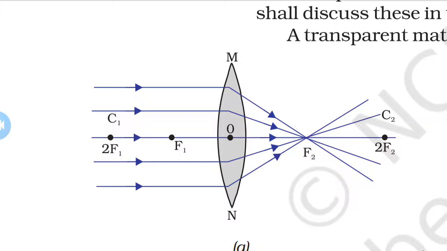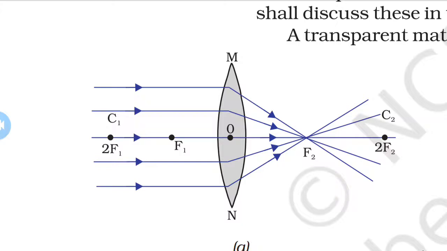Next term, radius of curvature. The radius of the transparent sphere of which the curved surface of the lens forms a part is called the radius of curvature of the respective spherical surface of the lens. A lens has two radii of curvature, R1 for surface 1 and R2 for surface 2.